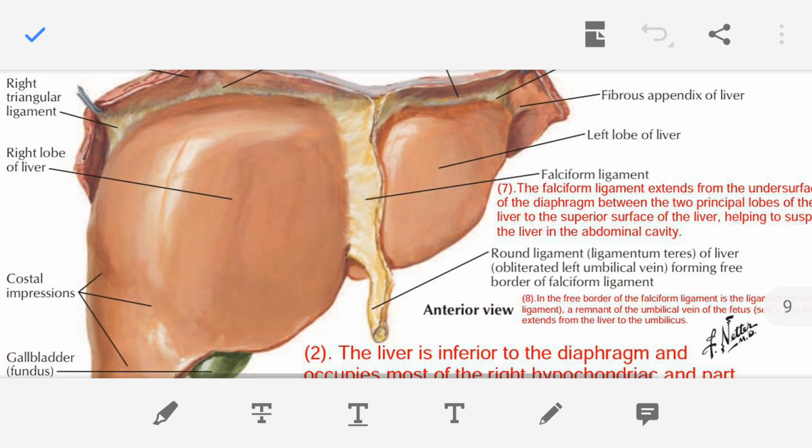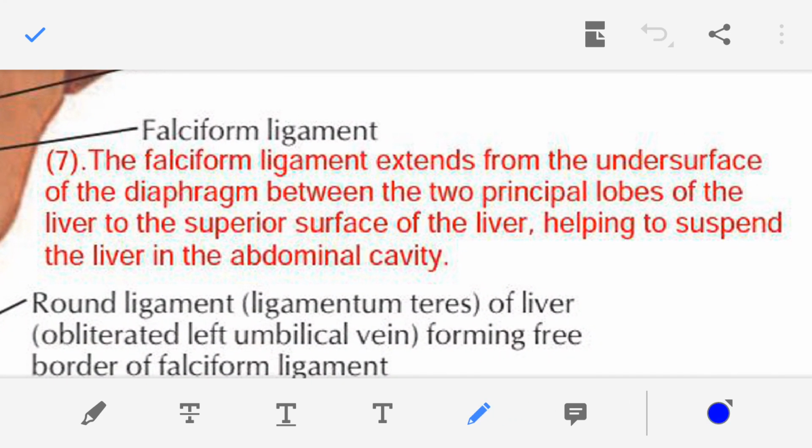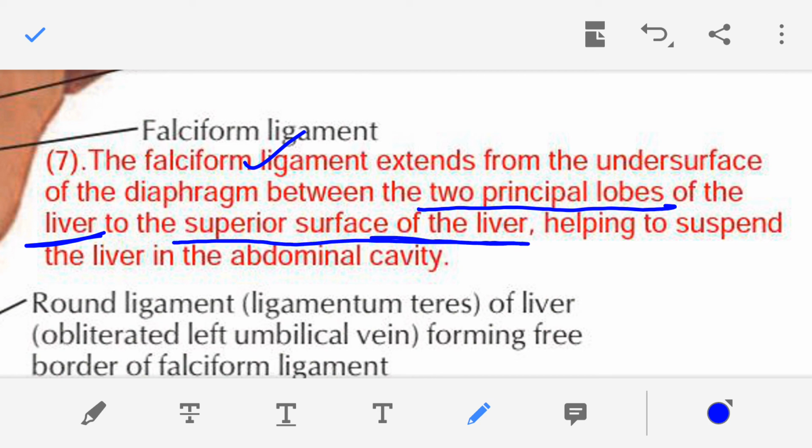Where is it present? Between the two principal lobes of the liver, and it is present on the superior surface of the liver.